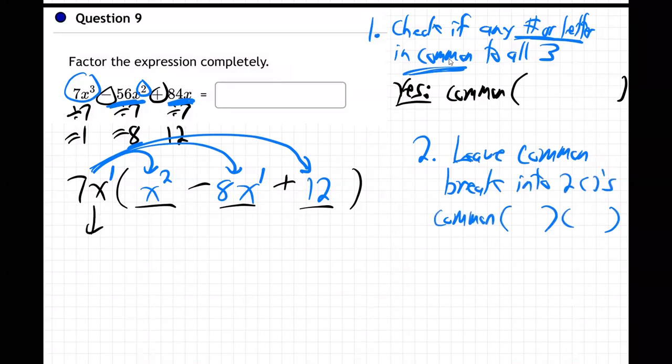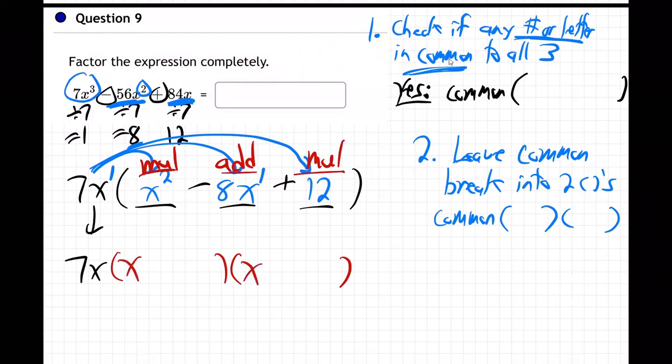So I leave that 7x in the front. It is part of the final answer. And now I'm going to break that one big parenthesis into 2. How so? You've seen this before. It's multiply, add, multiply, right? We're looking for the numbers that'll do that. So x is in the front because x times x is x squared.